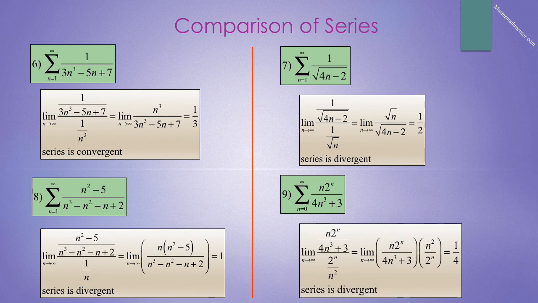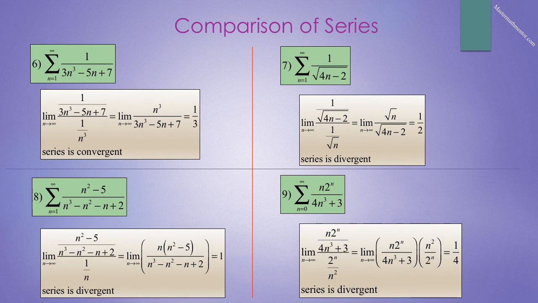Number 9 reads summation n equals 0 to infinity of n times 2 to the n over 4n cubed plus 3. This illustrates one of the issues with the limit comparison test. What do we use as our benchmark?